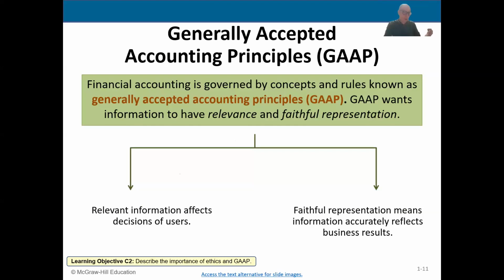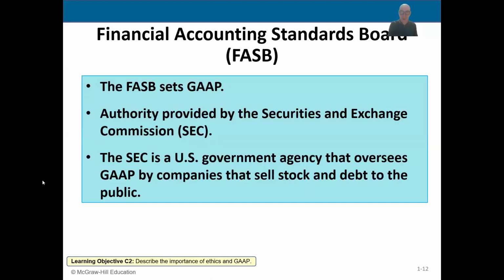It helps to provide relevant information to decision makers and is a faithful representation that is both clear, accurate, and of course ethical. So, the generally accepted accounting principles is governed by what we call the Financial Accounting Standards Board, which is here in DC. They are in Chinatown across from the Capital One Arena.